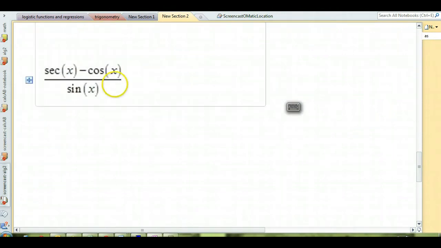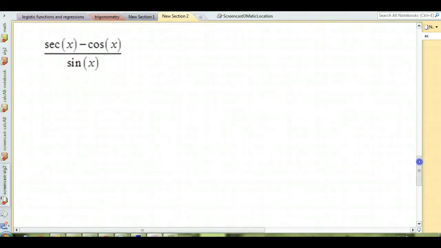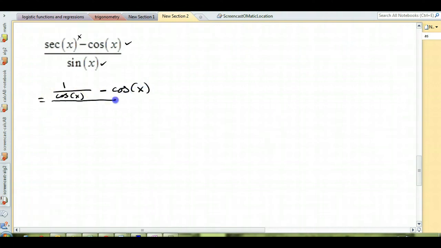Okay. So what's going on here? I'm going to follow the same idea, which is to replace everything in terms of sine and cosine. So you keep this one right here, you keep this one, and you have to replace this one, okay? So secant is just 1 over cosine. 1 over cosine x minus cos x over sine x.